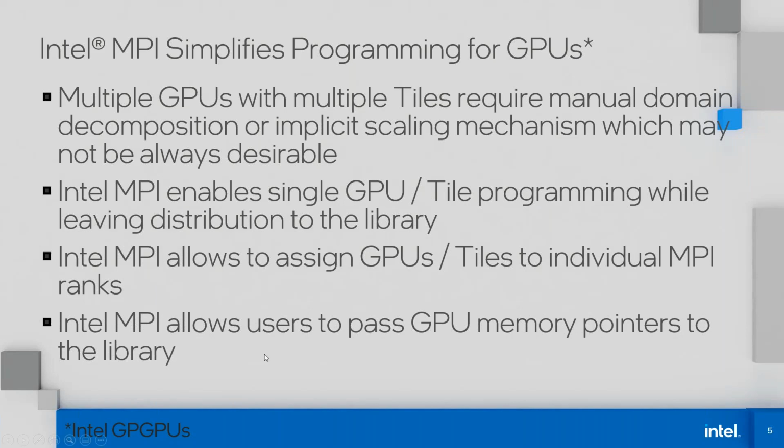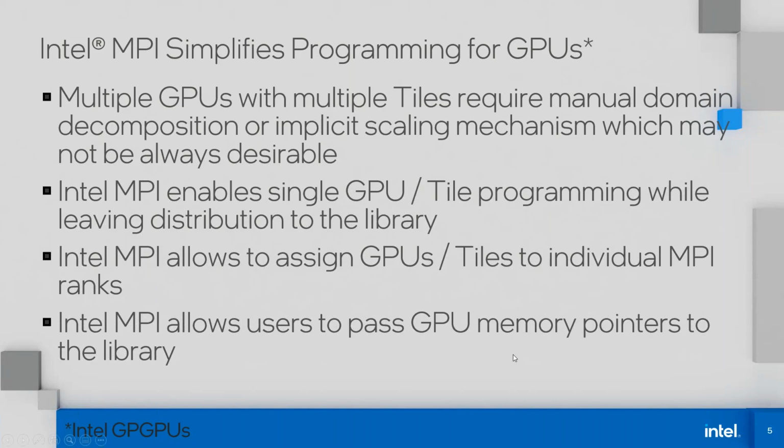And after that, you need to somehow communicate between ranks. Another feature can help here. As I said on the previous slide, Intel MPI is GPU-aware MPI now. It means that you can pass a GPU memory pointer to every MPI primitive, for example, MPI send or MPI receive.